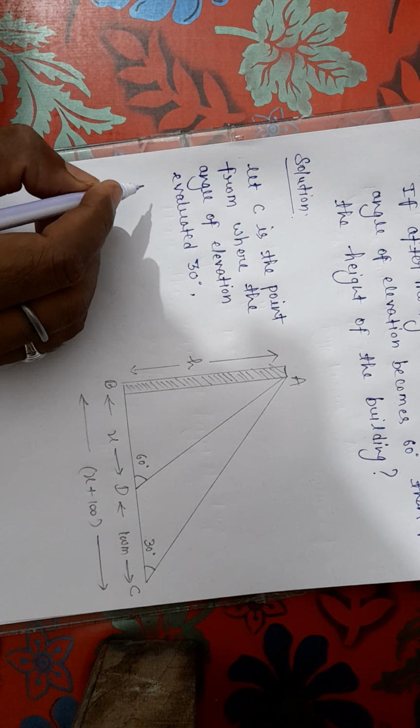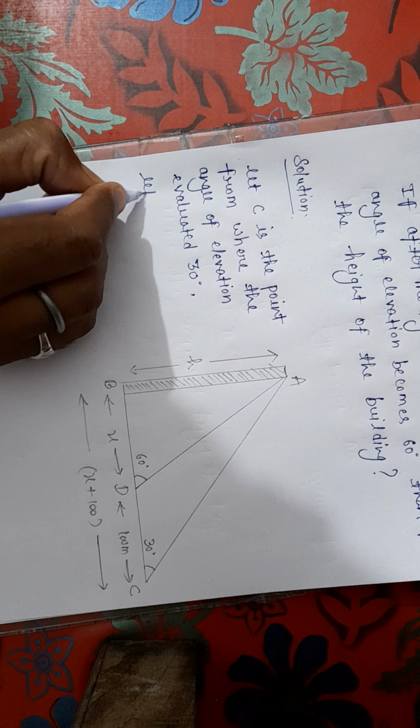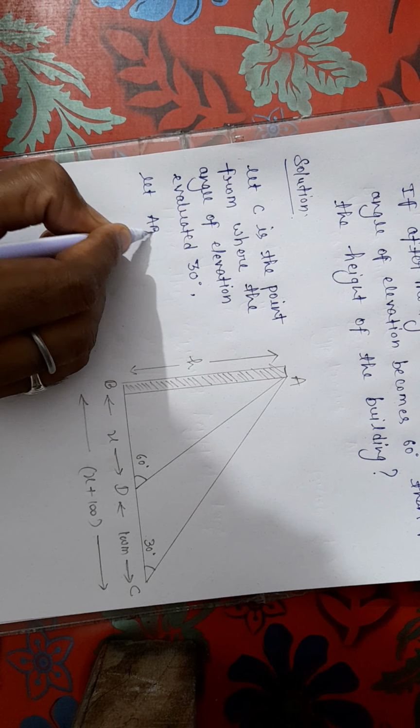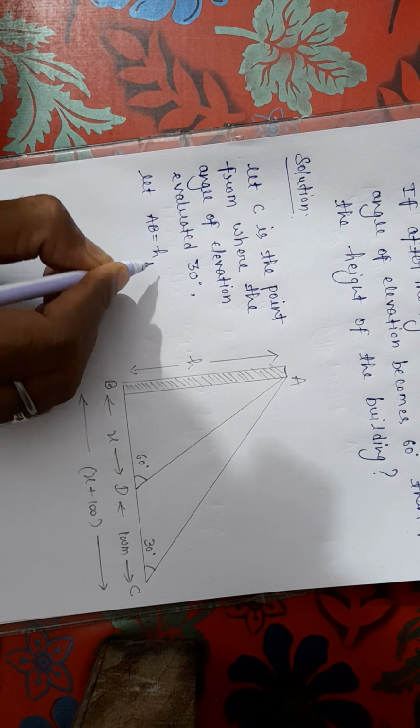Let AB be the height of the building. Let AB equal h be the height of the building.